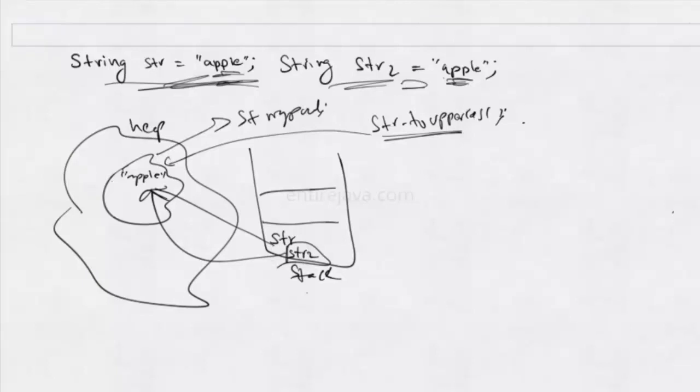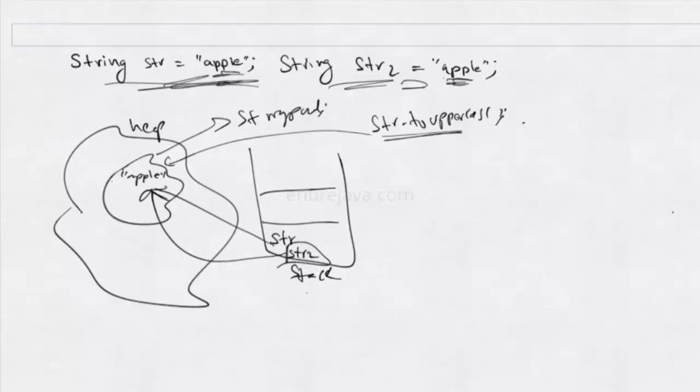Likewise, there could be many string references pointing to the same object across all the programs. So we cannot let the programmer make changes to that string at any given point of time. So this answers why string is made immutable.